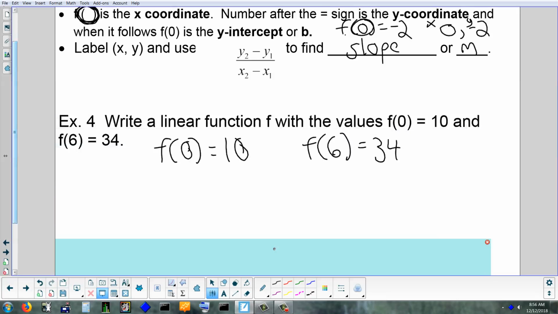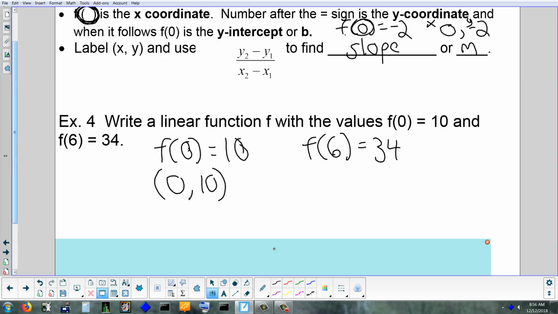Let's take f of 0 equals 10 out of function notation and make it a coordinate. What, comma, what? This first one would be 0, comma 10.